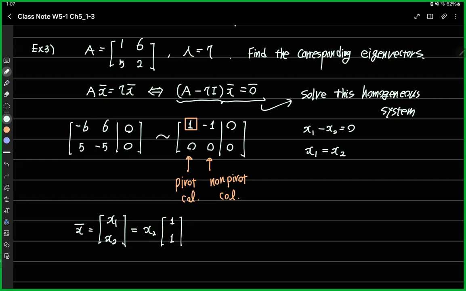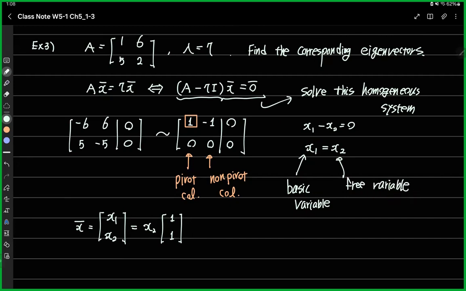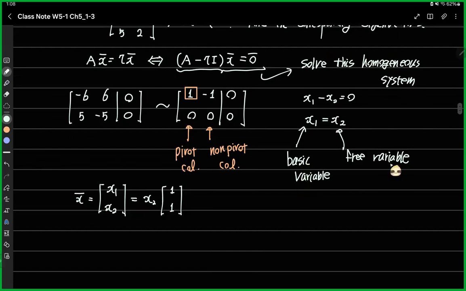You can say that, right? Because x1 is the basic variable and x2 is the free variable. Normally we express a basic variable in terms of the free variable. That's why I put the x2 right here.